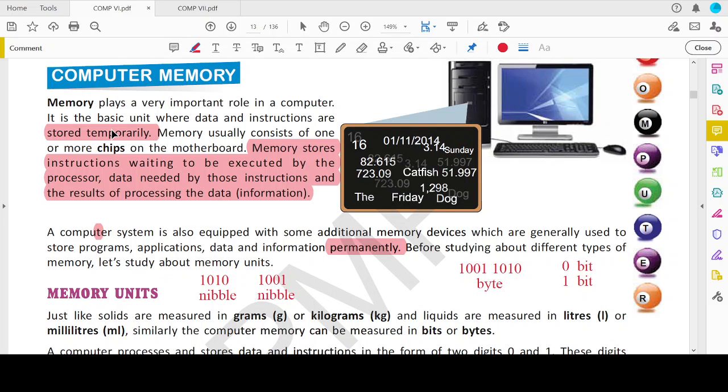So both for temporary storage and permanent storage, the computer has got memory. The temporary ones are the primary and the permanent ones are the secondary storage devices.